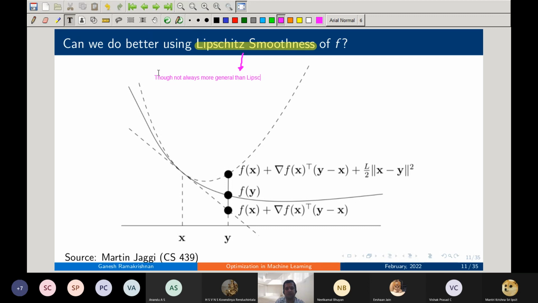We saw how smoothness is more general in practical settings. And what is it doing? It's saying I'll put an upper bound on the rate of change of the function. This L characterizes that upper bound.